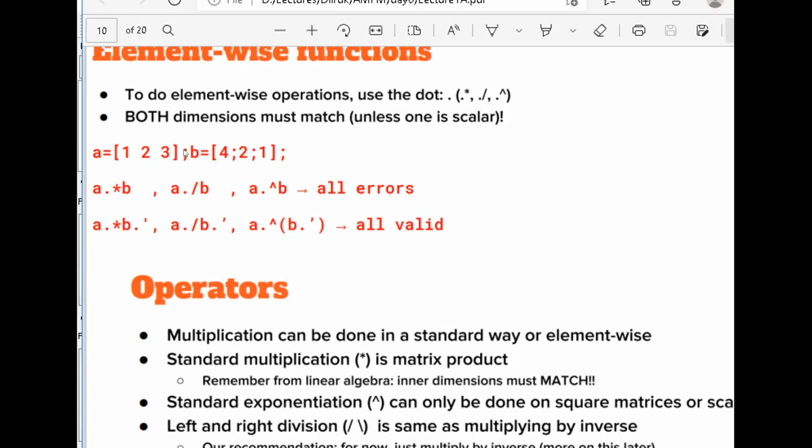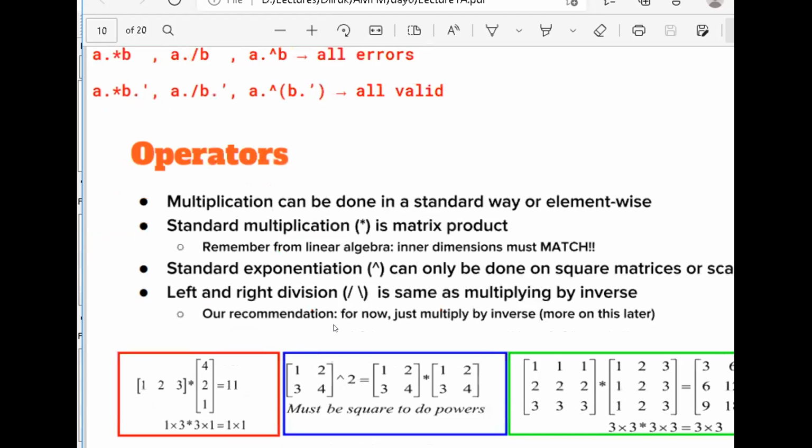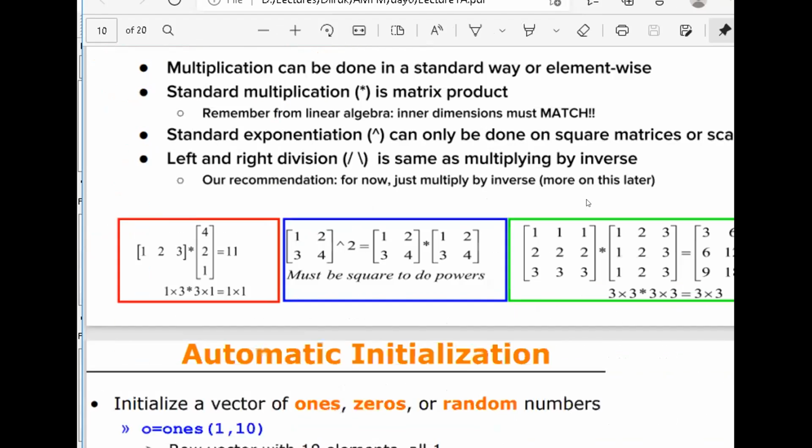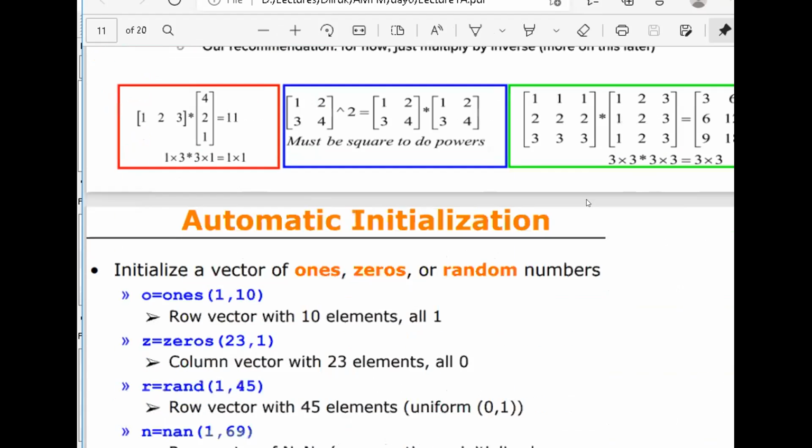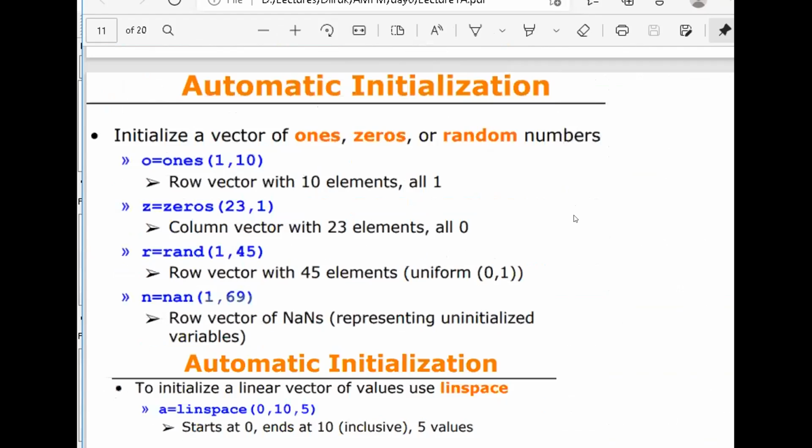When you transpose p, then it becomes a row vector. Then you can compute the element wise operation, right? Those are simple things. I think you know, right? What else?